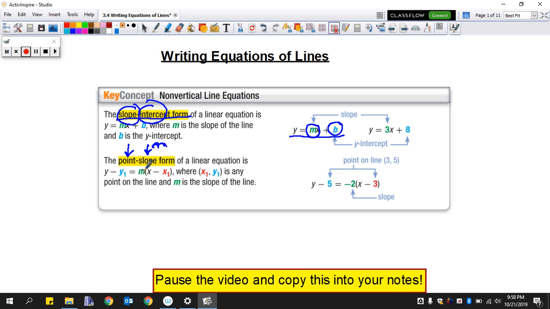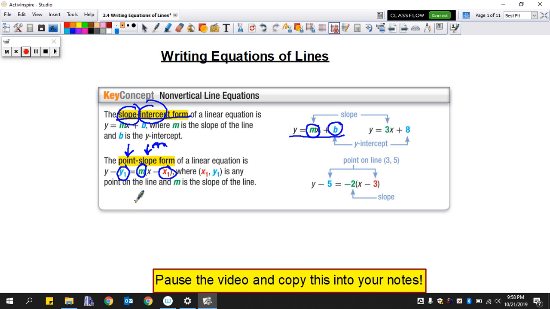This is your slope. And then your point has an x value, which we signify as x1, and a y value, which we signify as y1. All you have to do is just plug those values in, and you end up with the equation in slope-intercept form.